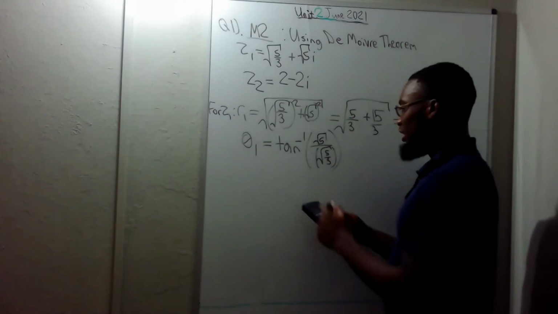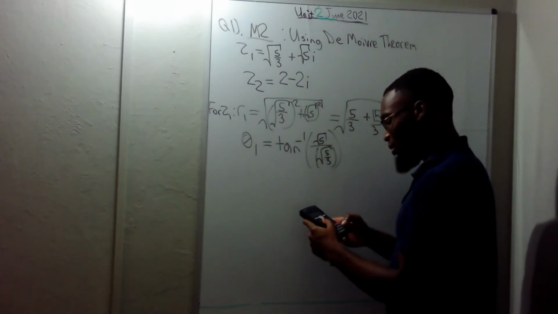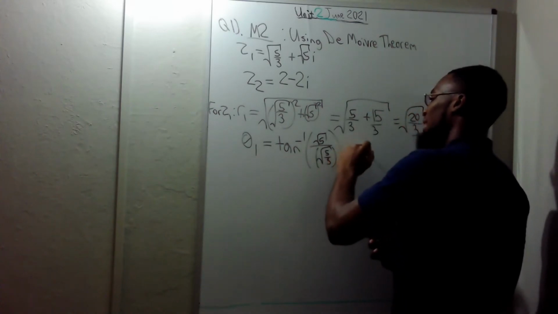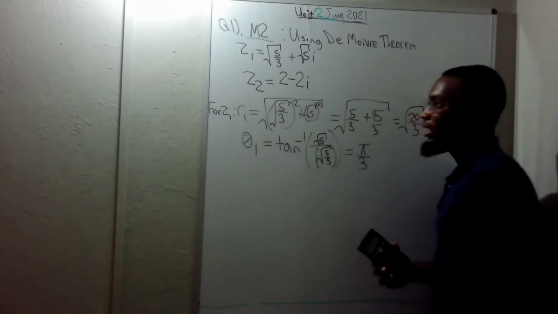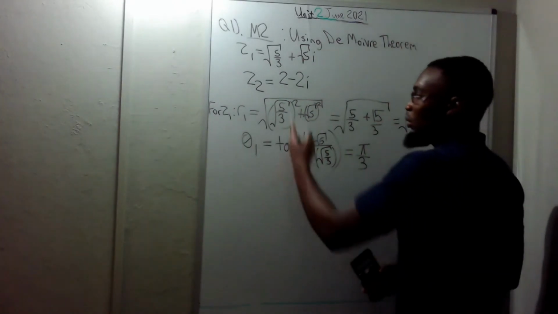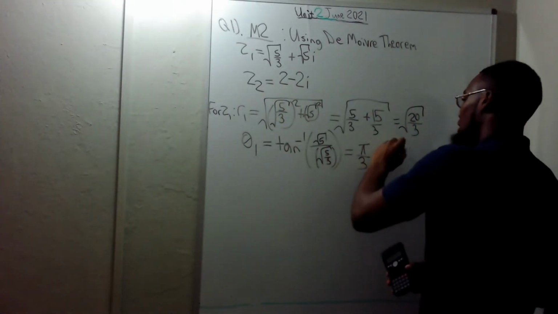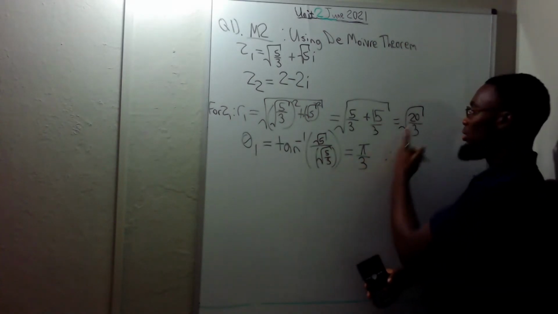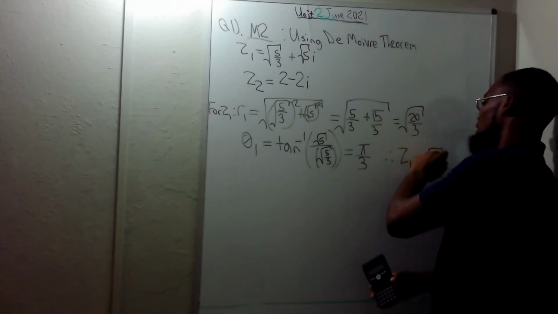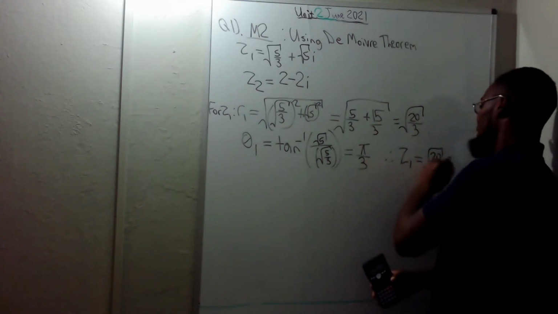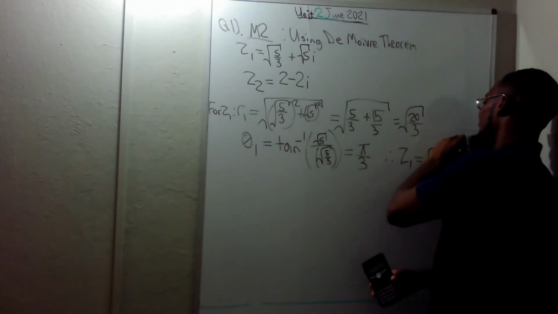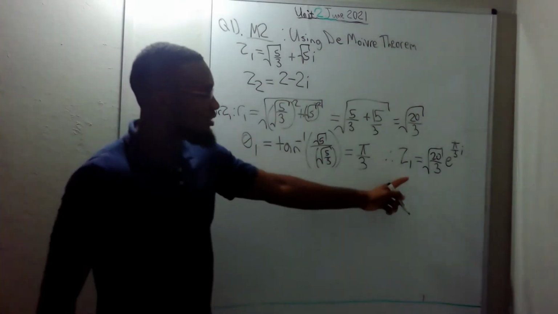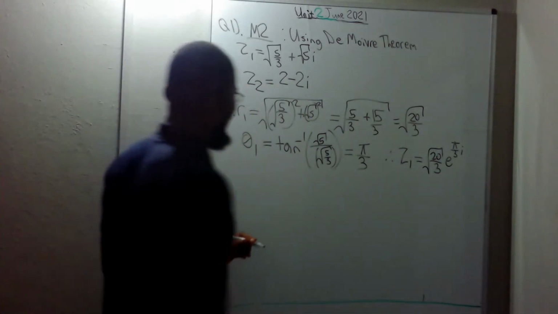I get 1.73, and then I take tan inverse of 1.73. I get 60 degrees, and 60 degrees is pi by 3. So that's theta 1. After you do that, we can rewrite and say, therefore, z1 is equal to r1, which is the root of 20 over 3, times e to the pi by 3 times i. That is now z1.